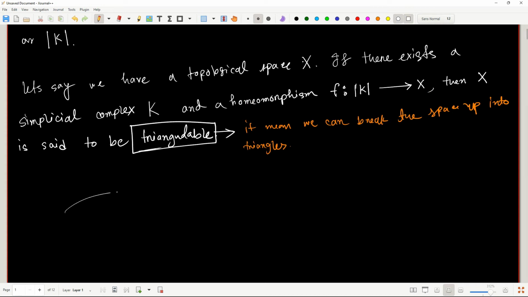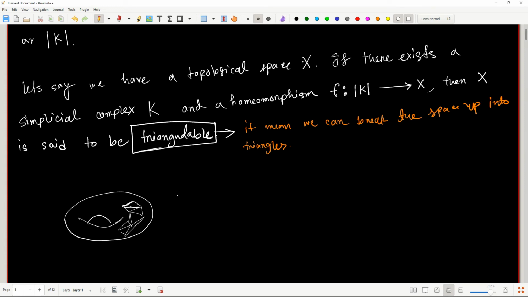So let's say this is a torus, and a triangulation of this torus would mean that you draw a triangle like this, draw another triangle like this, this, and this. So yeah, it doesn't look like a triangle. Okay, so you will have a lot of triangles over here.